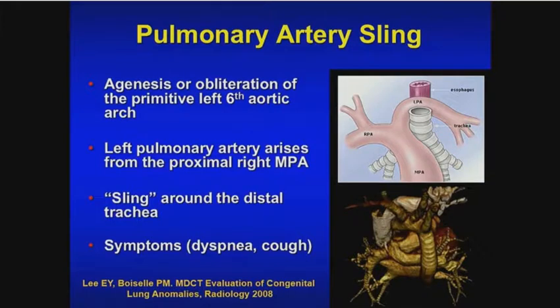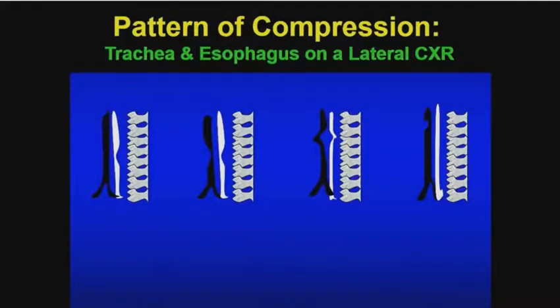Affected patients, typically due to compression of the right mainstem bronchus or distal trachea, present with respiratory symptoms such as dyspnea and cough. Recognizing the pattern of compression, which can typically be seen on barium swallow study, can be a very helpful clue to make the diagnosis of what type of underlying congenital mediastinal vascular malformation is causing the patient's respiratory symptoms.